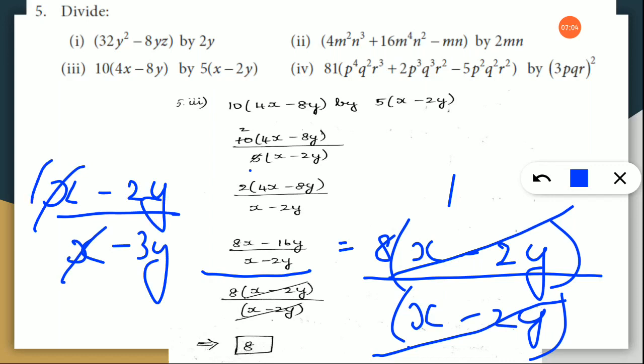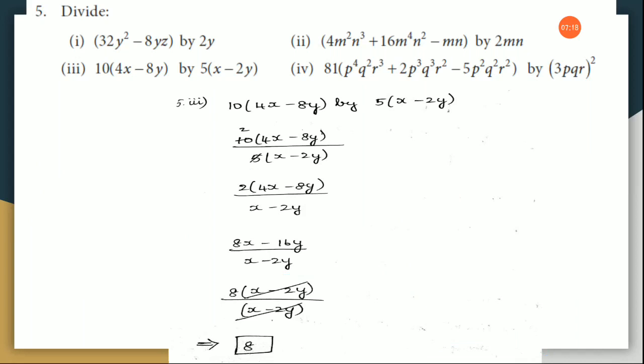No. Only if it is in the product term, that is, if it is inside the bracket, and that also if it is the same, the entire thing inside the bracket should be the same. Only then you can cancel. Is it clear, children? So, when I cancel it out, the answer will become 8.